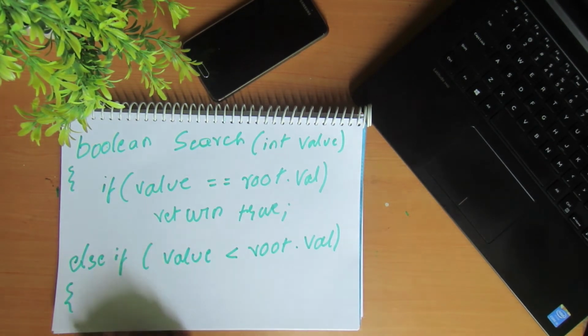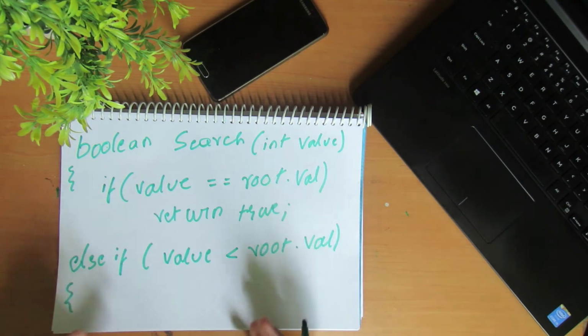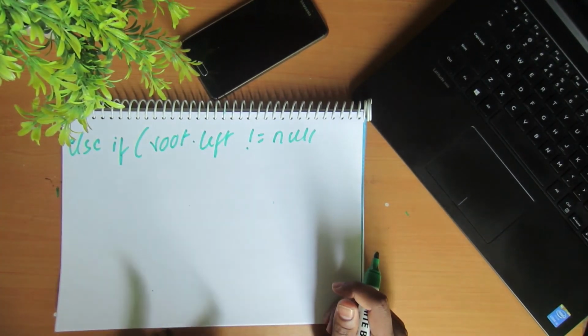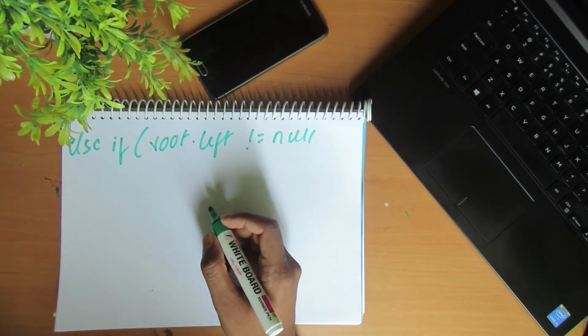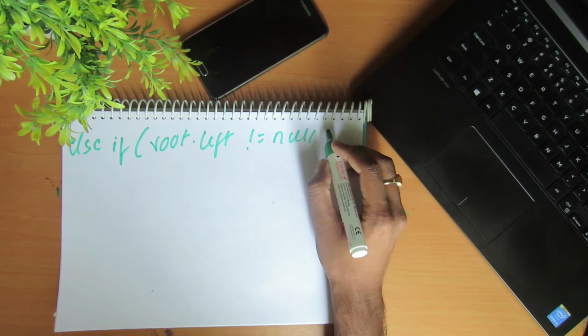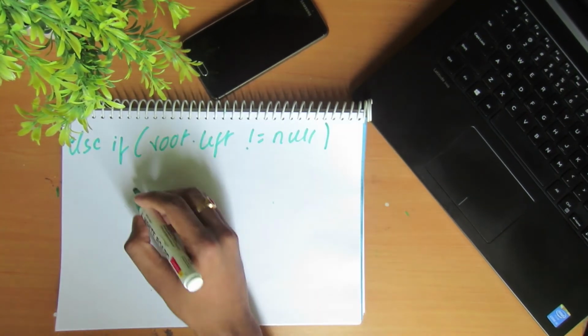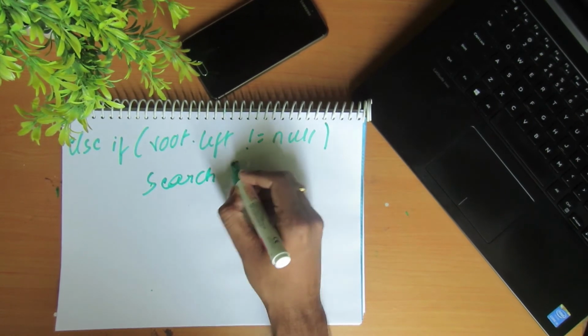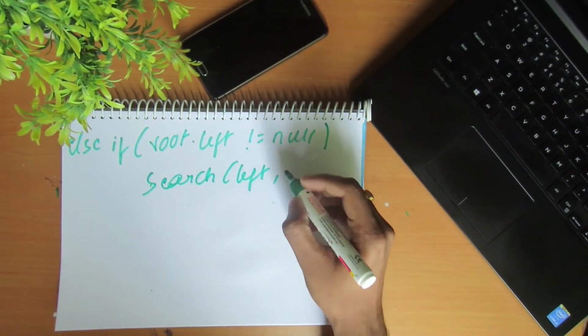Before that, we need to check if it really has the left subtree or not. Sorry for the sudden screen change. There was a space insufficiency. So continuing, if it is not equal to null, then we have to search on the left subtree.